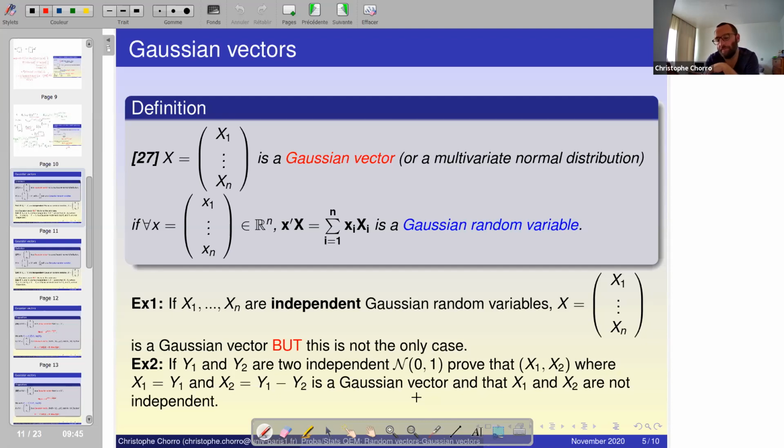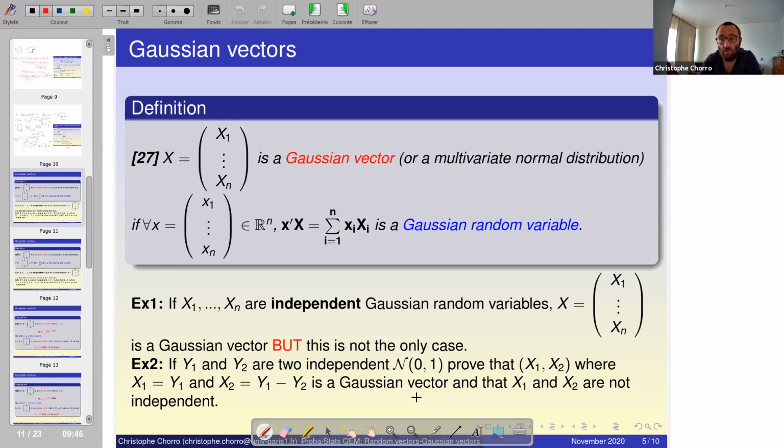A priori, if I ask you to propose what may be a natural definition of a Gaussian random variable in dimension 2 or in dimension 3 or in dimension 4, a natural answer would be: why not a Gaussian vector being a vector for which the components are just Gaussian random variables?